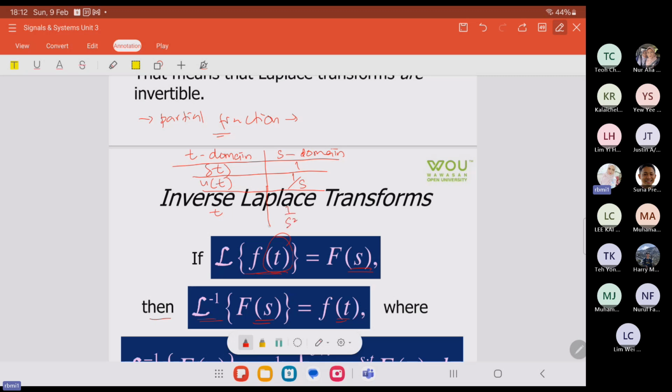So if you want to solve, you can straight away refer to the Laplace transform table. There are a few more properties in the transform table.